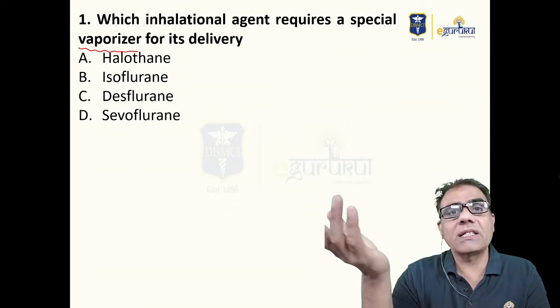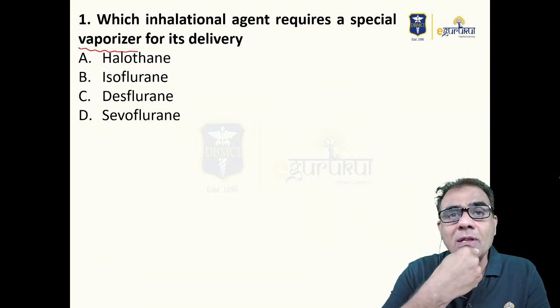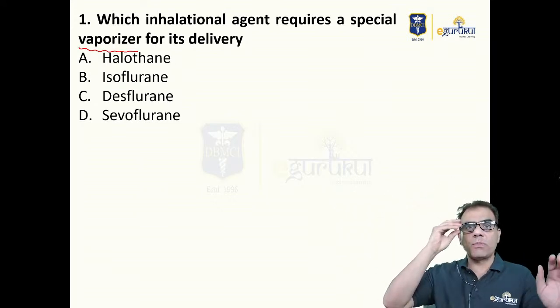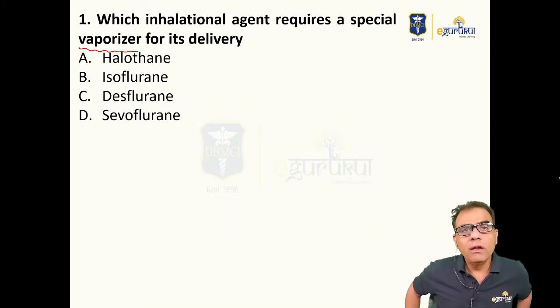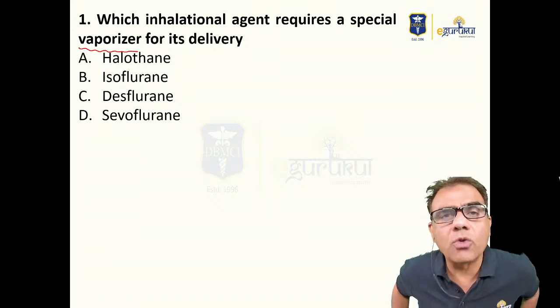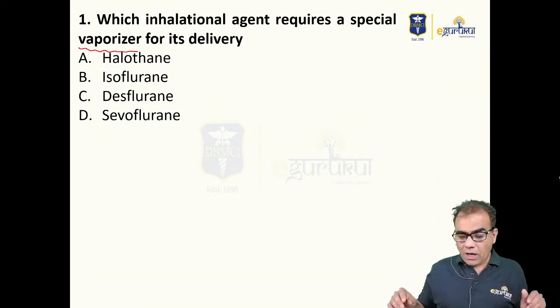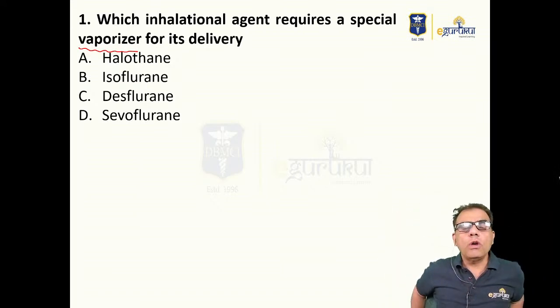Vapor pressure is around 680, so it means almost 700 mmHg. So imagine at 1 atmosphere and at room temperature, it will start boiling. And imagine if the inhalation agent starts boiling at room temperature, and vapor pressure is high, it will vaporize too much. So enormously high concentrations will be delivered.